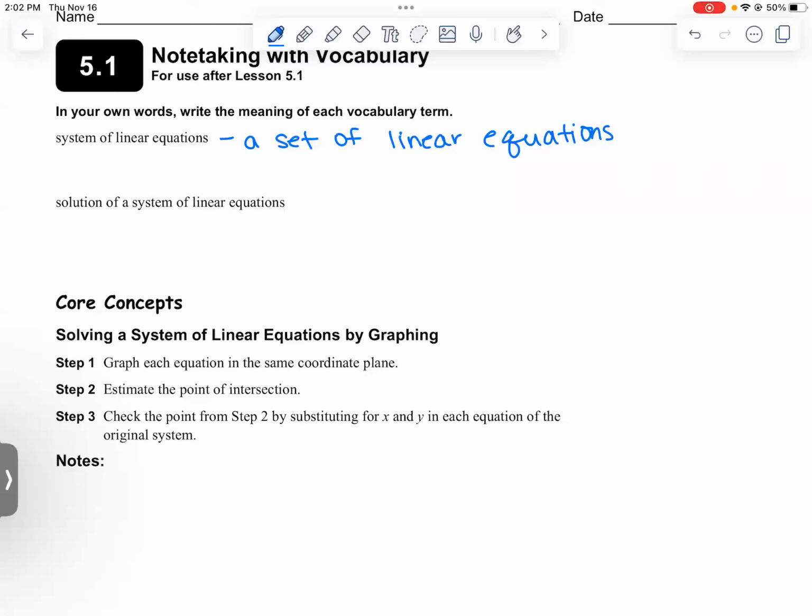Now, based on our warm-up activity, the solution to the system of linear equations is where?